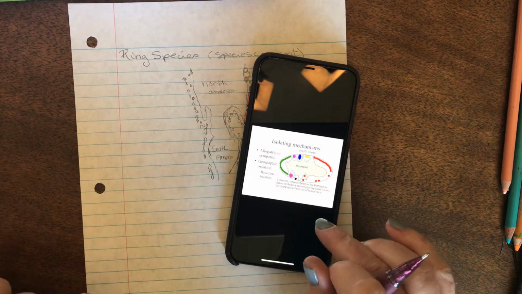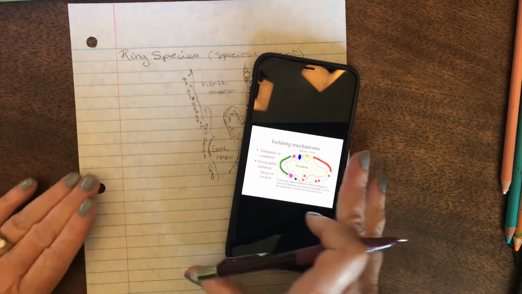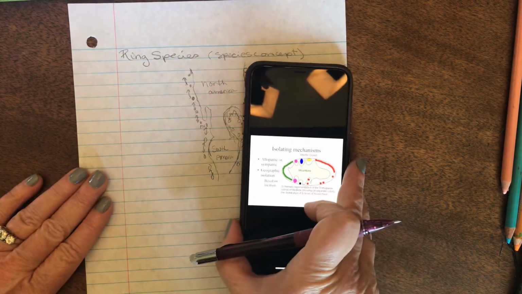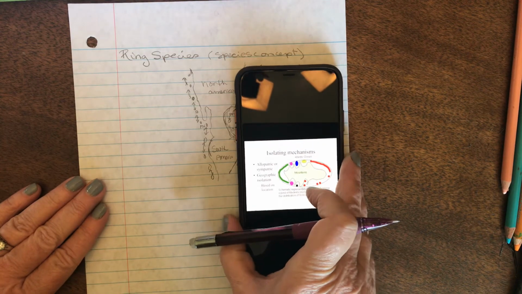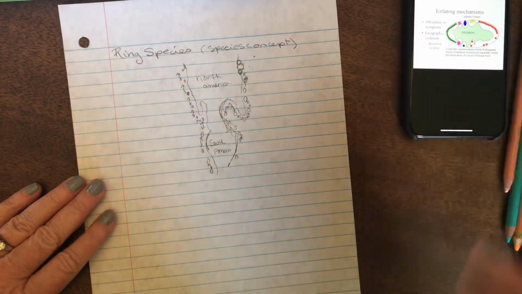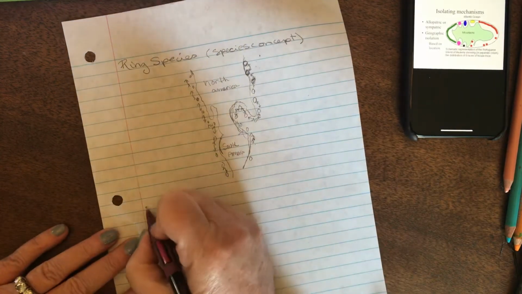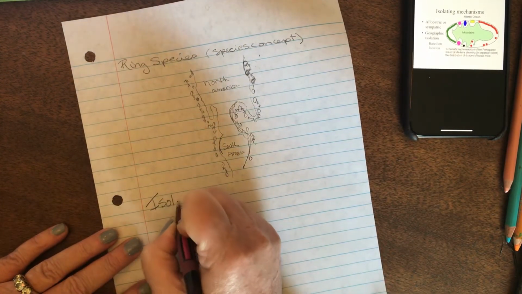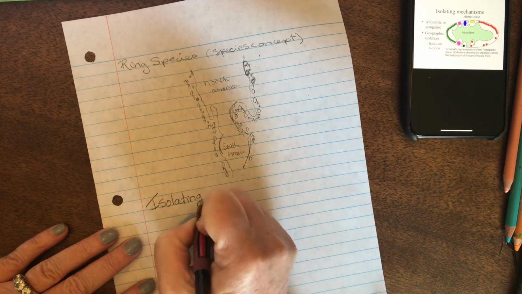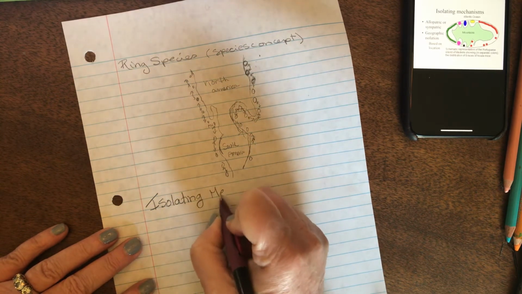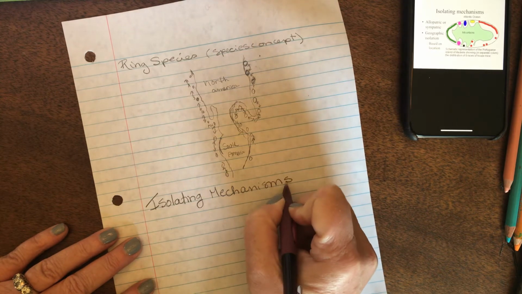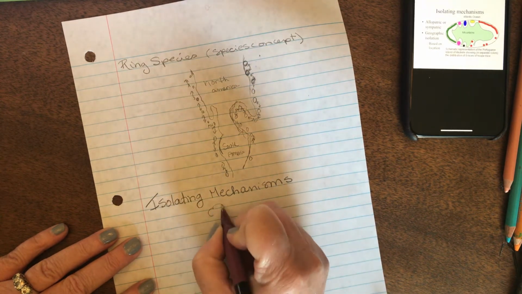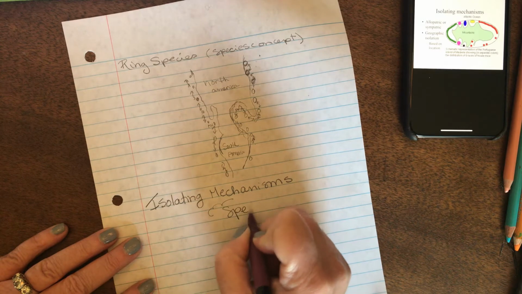And isolating mechanisms lead to speciation because, once gene pools become separated from one another, they can wander off in different directions. And we can call that speciation.